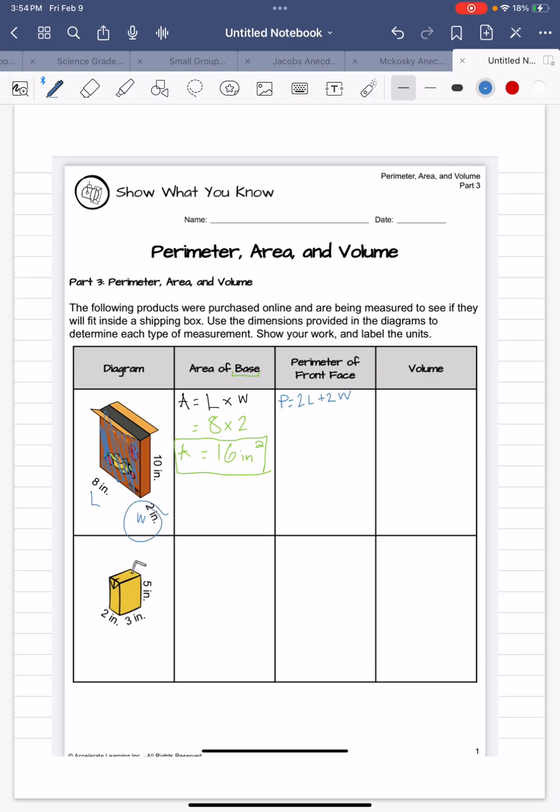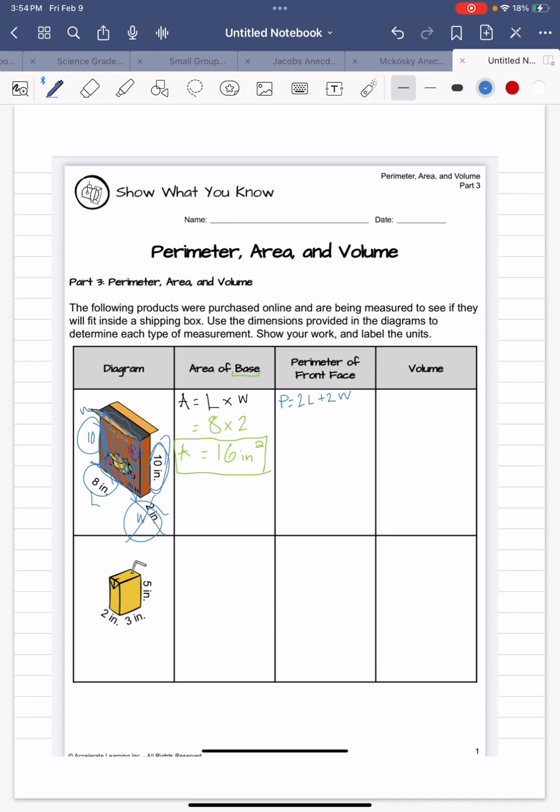My perimeter of the front face actually has a different width. It's actually going to be this 10 instead, because this 10 is this side as well. So to find the perimeter of this whole shape right here, we would need to use the 10 and the 8 as our length and our width. So it kind of changed a little.